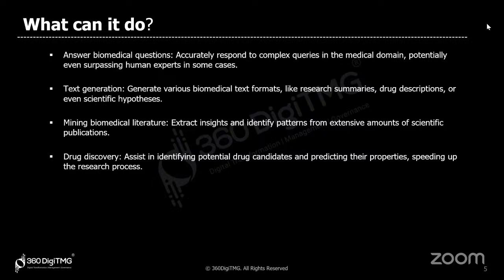It can speed up the research process. If we find that a certain drug is present inside certain candidates, it can predict that, so that we can use it for speeding up the recovery process. All these we can do with the help of BioGPT.